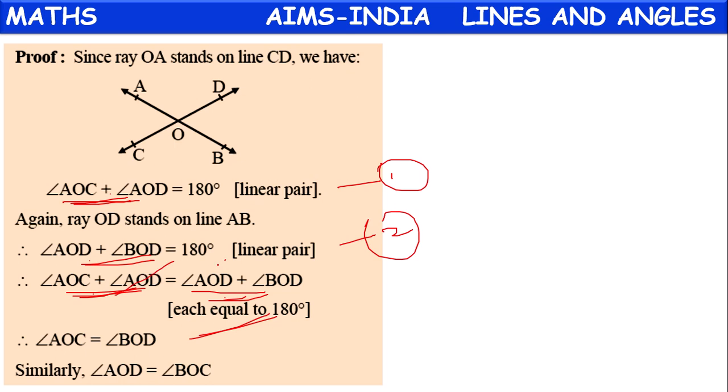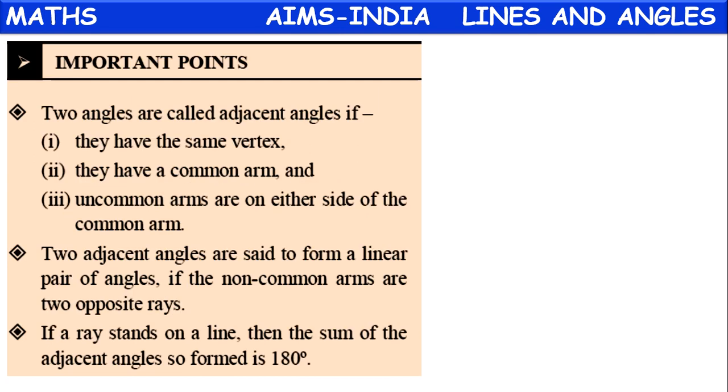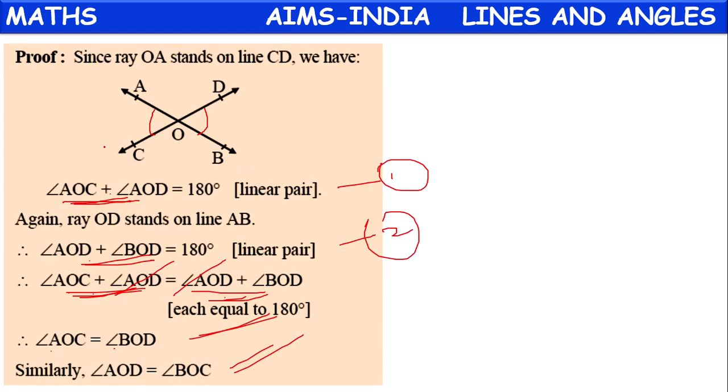Then AOD cancels. So AOC equals BOD. This we have got, so this is the proof. In the same way, we can prove this one also. This pair also will be equal.